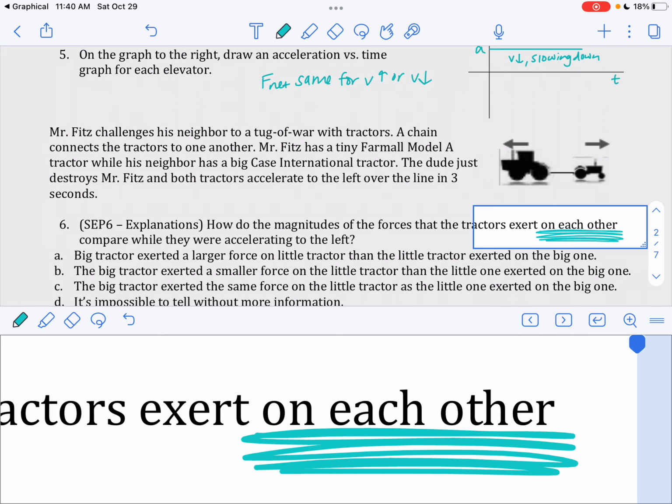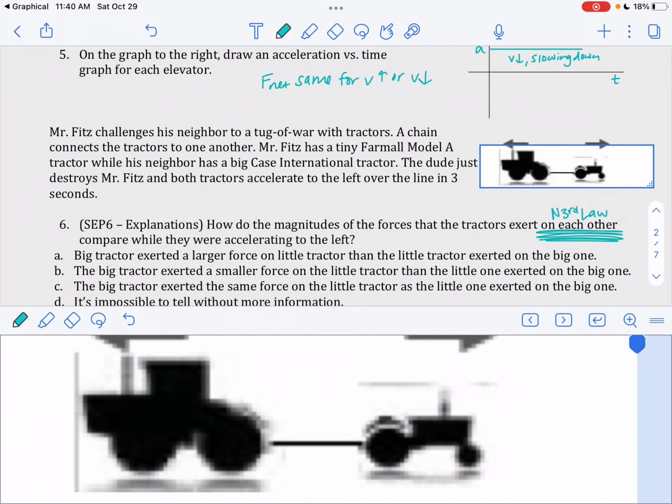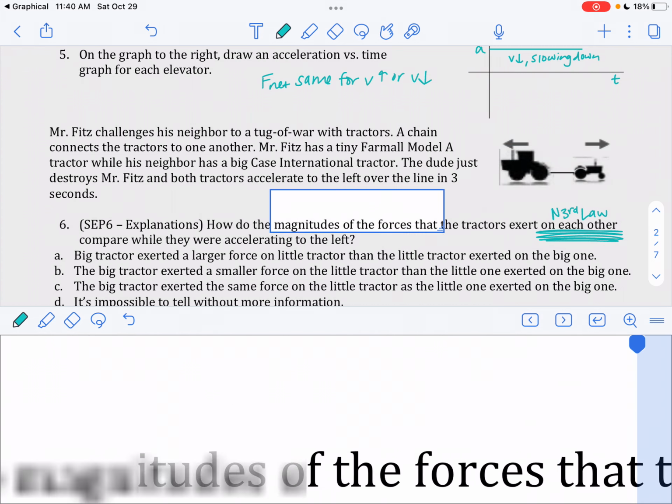Right away, I look at this problem and I think, what is this question trying to test me on? And this question seems like it's trying to test me on Newton's third law. Because they're asking me how the force on the big tractor by the little tractor compares to the force on the little tractor by the big tractor, and vice versa.